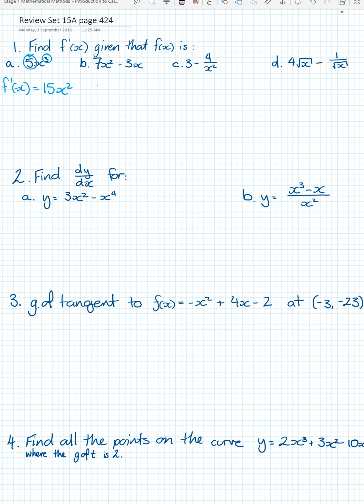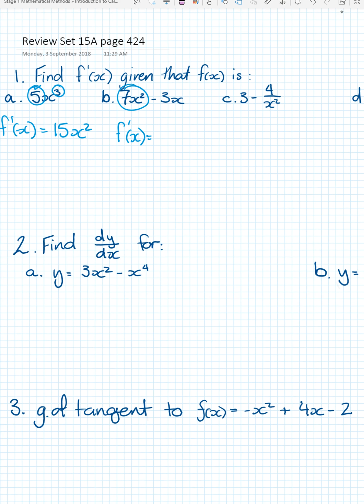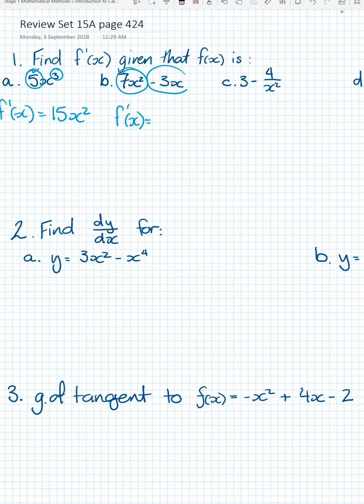The second one, we're going to remember from our rules that we look at each of our terms separately. So the first one, we multiply by the power and then reduce the power by 1, which is 1. The second one, we multiply by the power, which is this imaginary 1 up here.